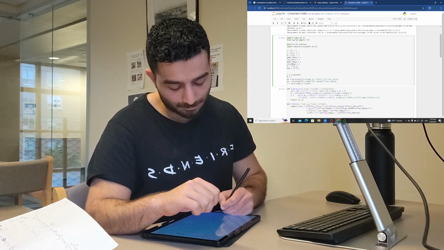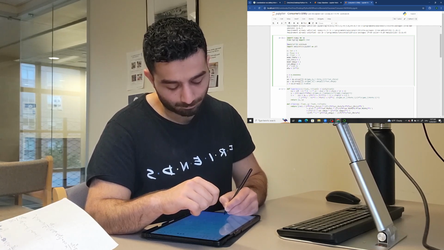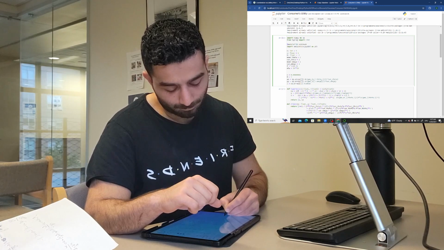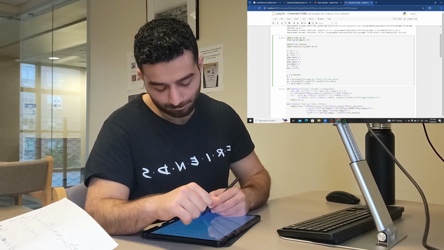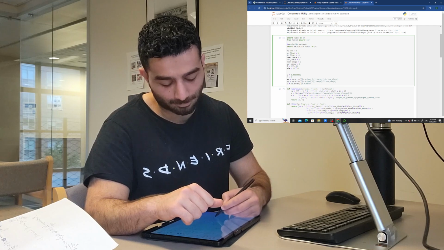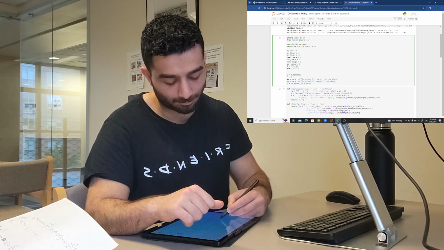So eta is usually a function of r. Perfect. Eta is a function of r, like a linear function of r usually.